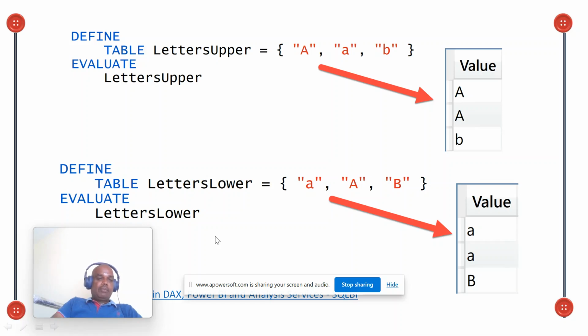And when you go with DAX functions, let's say you are working with RLS, row-level security, you need to be very careful in DAX functions. You can use USERPRINCIPALNAME.